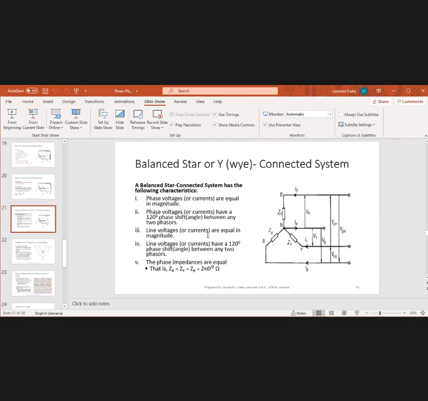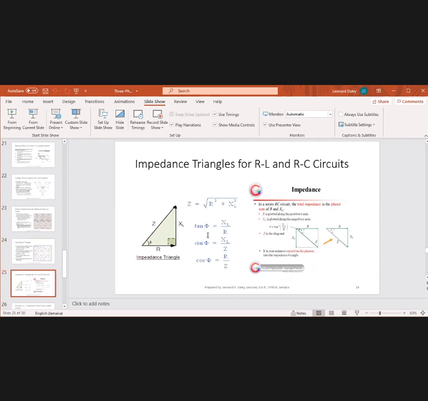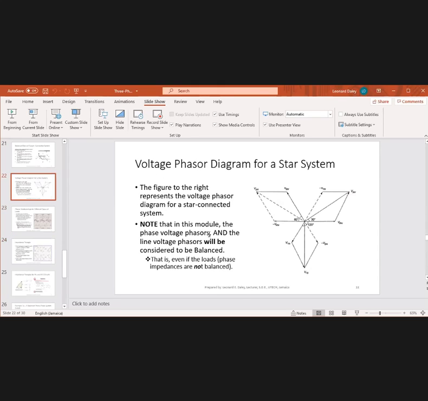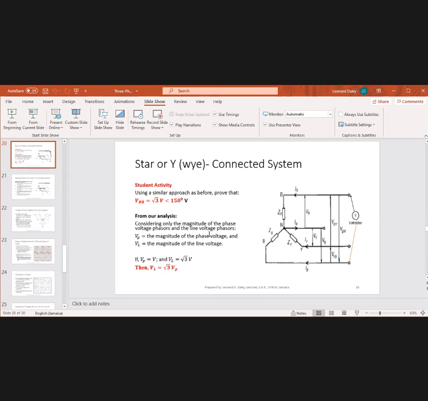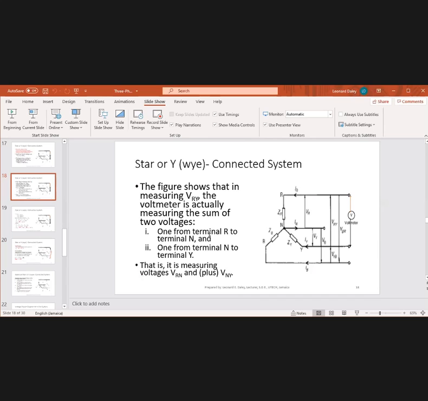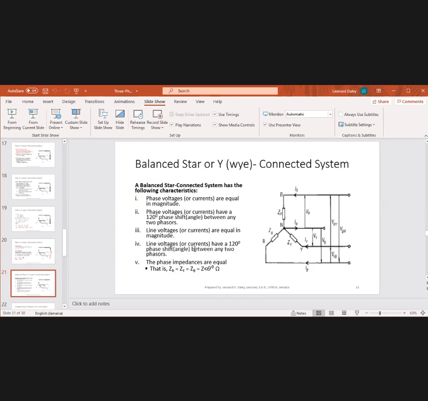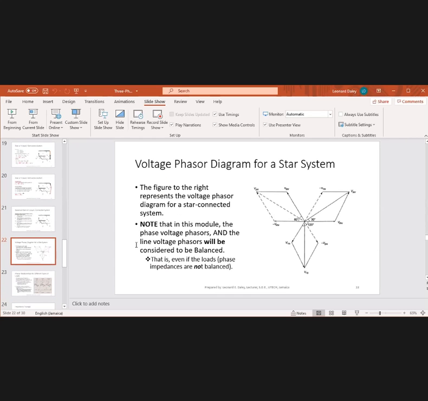Yeah. I suspect that maybe you're missing the notes, and maybe that is part of the challenge. I will get the notes to everybody. But one of the statements that we made in this course is that the phase voltage phasors and the line voltage phasors will be considered to be balanced.